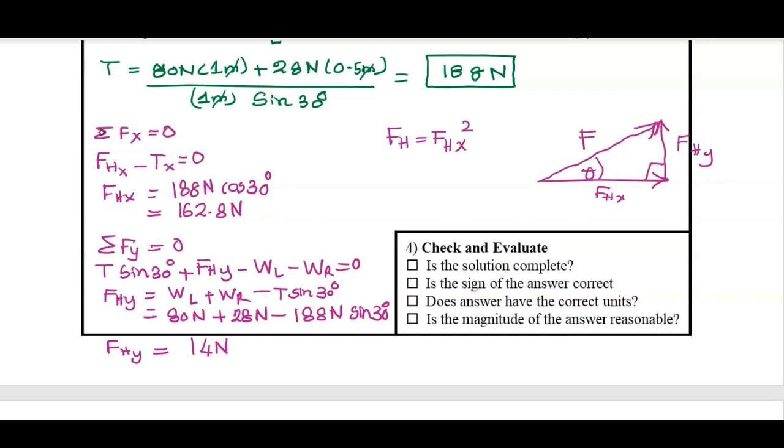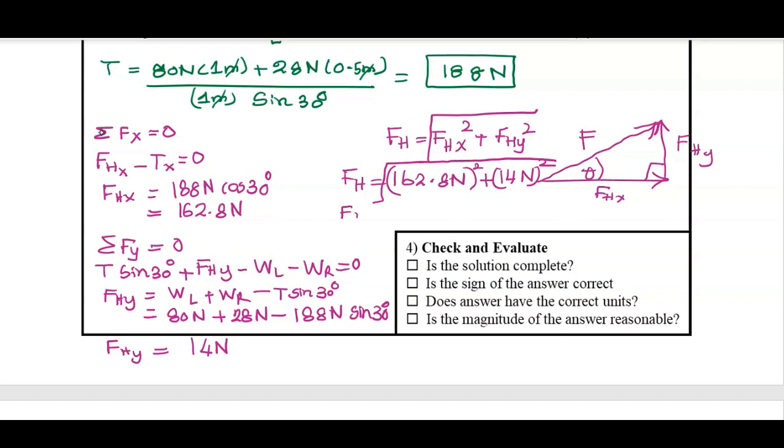We have x component squared plus y component squared. So this is equal to 162.8 newtons squared plus 14 newtons squared. And take the square root. You will get 163 newtons for the hinge force if you round it to three significant figures. So I'm going to find the angle.